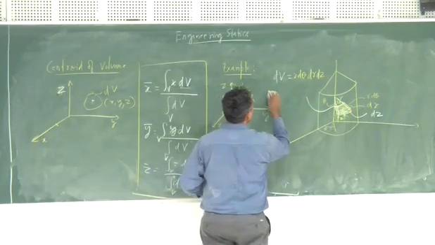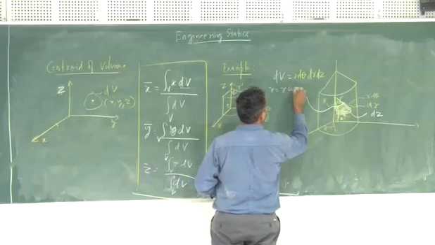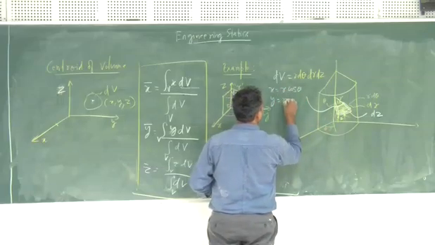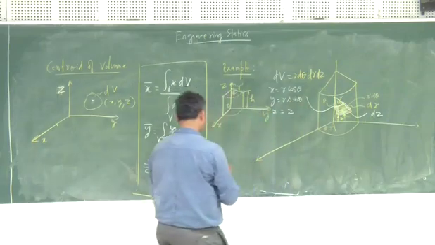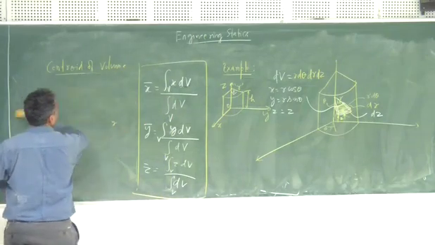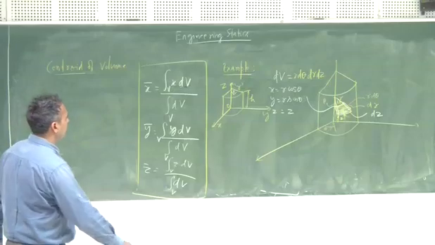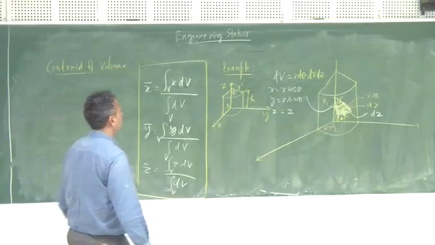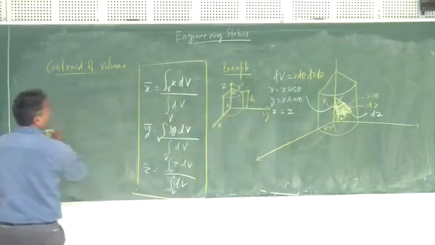Now, what is the component of x? Here it will be r cos theta, y will be r sin theta, while you are computing your quantity over the total volume. So how will you do?